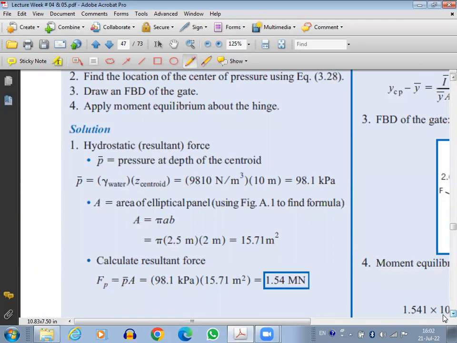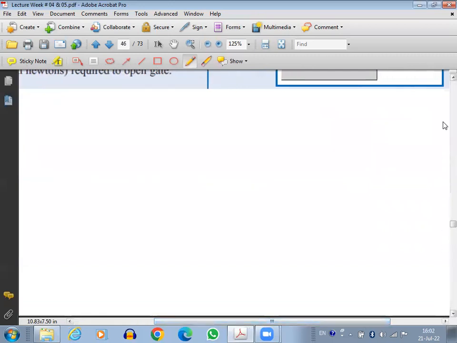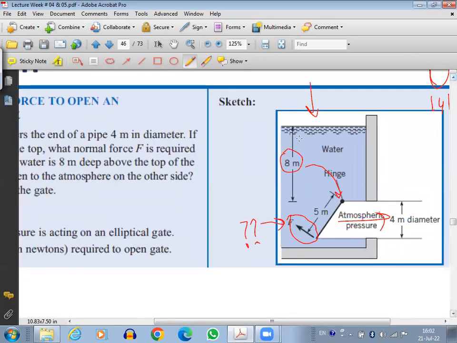Now there are two things. Let's have a look at the picture again. First, we know that there is water here. Because there is water, the water will be applying hydrostatic force on the gate. So first we need to know how much this force is and where it is applied.